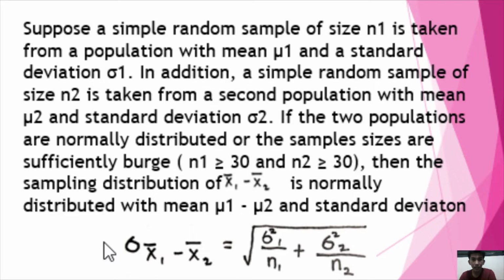Meron tayong formula na pwedeng gamitin. Sigma of x bar sub 1 minus x bar sub 2 is equal to the square root of sigma square sub 1 all over n sub 1 plus sigma square sub 2 all over n sub 2.